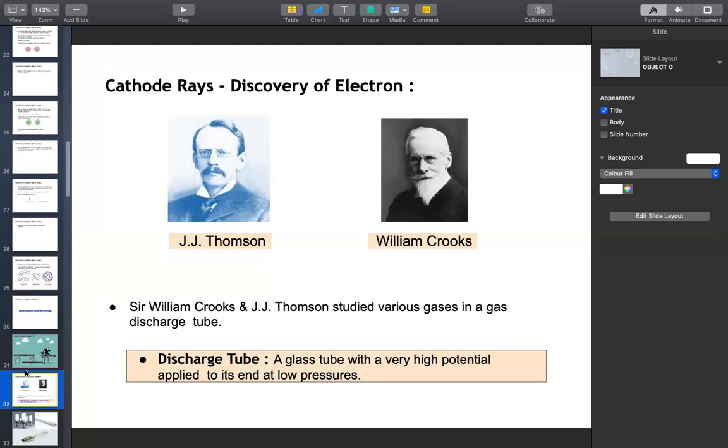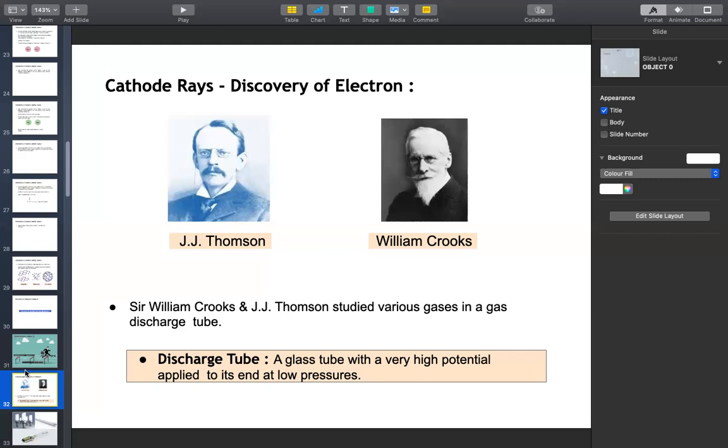Crookes didn't perform experiments with those rays, but J.J. Thomson did. He studied the rays and gave the idea of the electron. Is it clear to everyone? Yes or no? He found that there is a cathode ray emerging from cathode to anode, but he didn't study it.